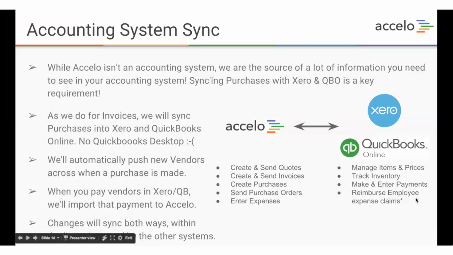The accounting system will still be where you predominantly make and enter payments. And there's also the reimbursement aspect of employee expenses. I've got a little asterisk there because our perfect world, honestly, is that an employee using their mobile app is able to take a picture of a receipt and choose who the vendor is from the database and hit save, and not have to think about it.